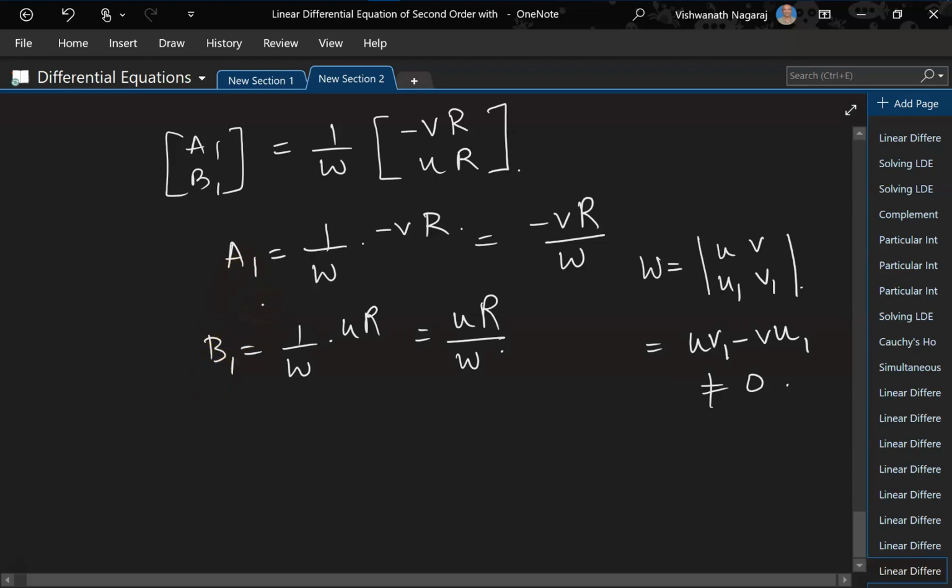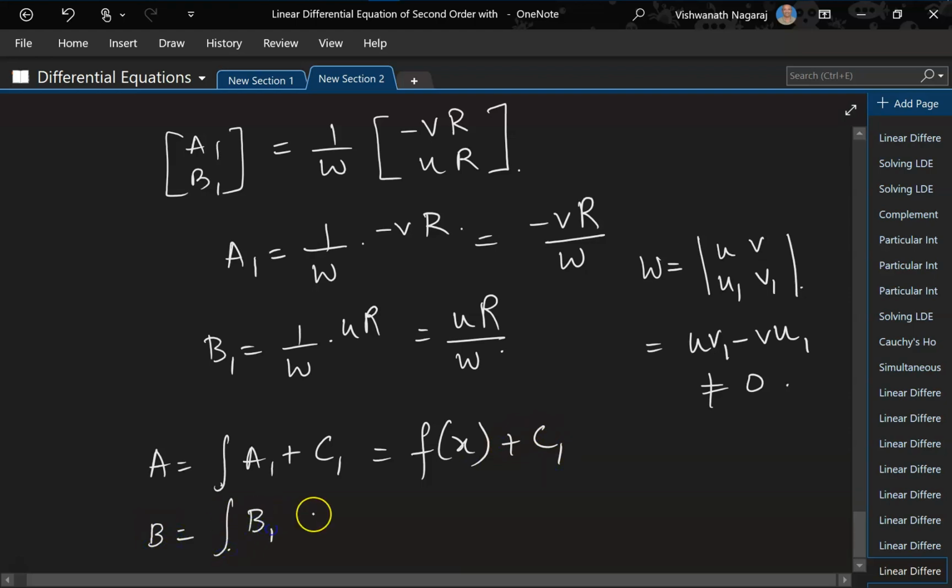What we want is a and b. So a would be equal to what? It would be the integral of a1 plus c1, which would be some function of x plus c1. Similarly, b would be equal to the integral of b1, that is the first derivative of b, plus c2, which would be some function of x plus c2.